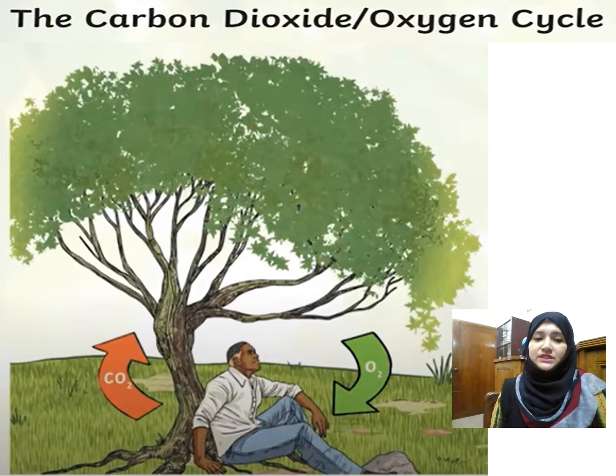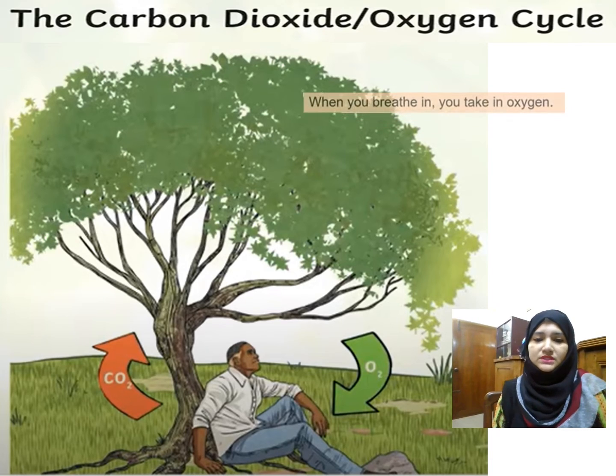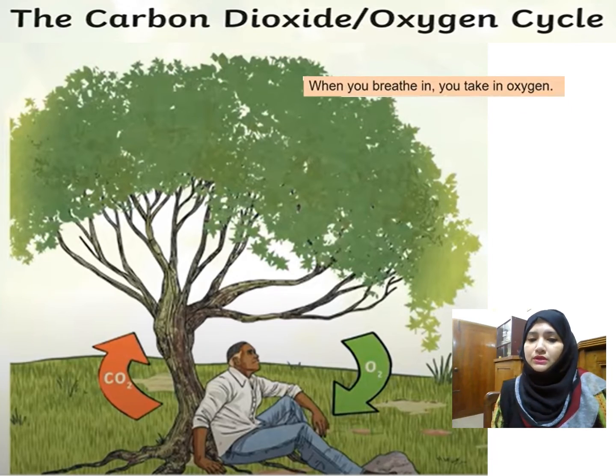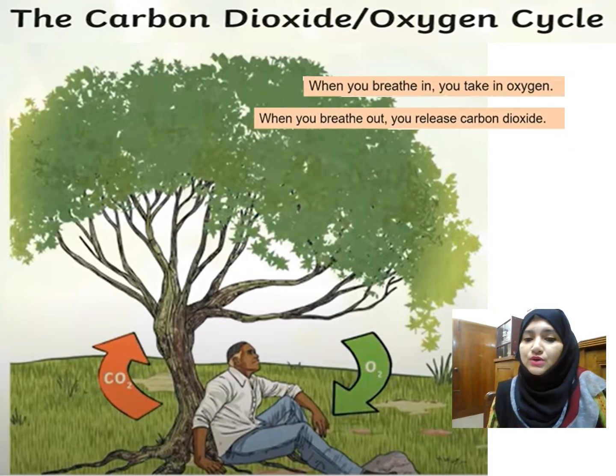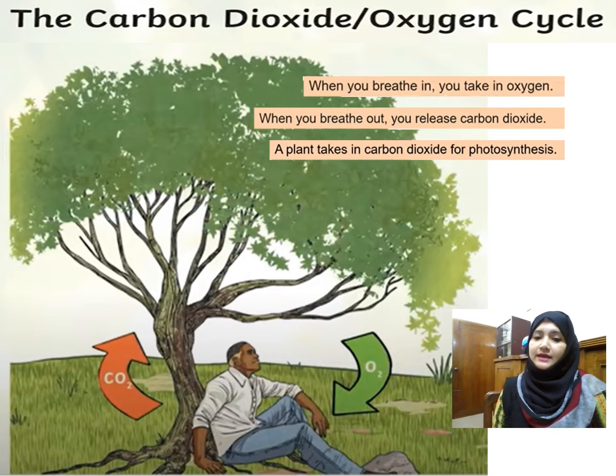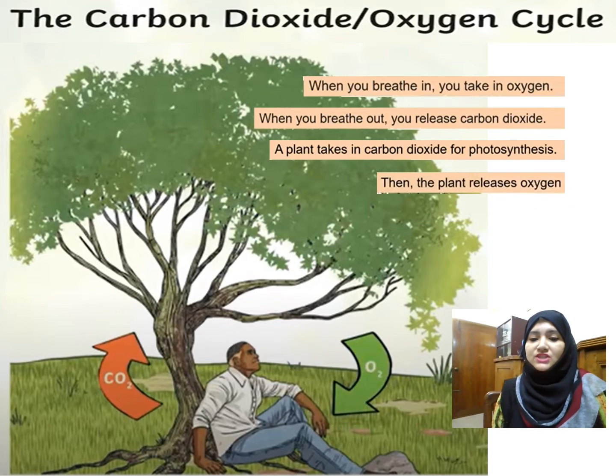Now take a look at the carbon dioxide and oxygen cycle. We know when we breathe in, we take in oxygen, and when we breathe out, we release carbon dioxide. And a plant takes in this carbon dioxide for photosynthesis, and then the plant releases oxygen, and this oxygen is again taken by animals.